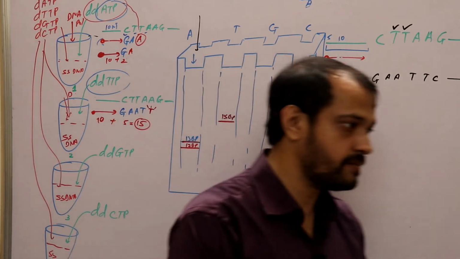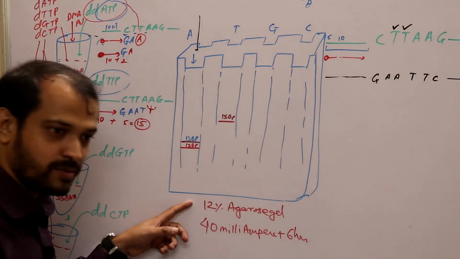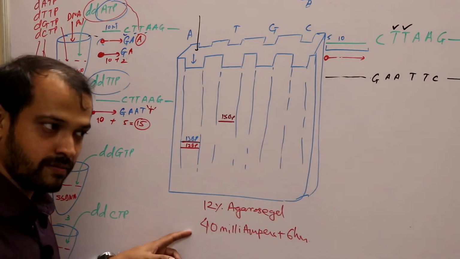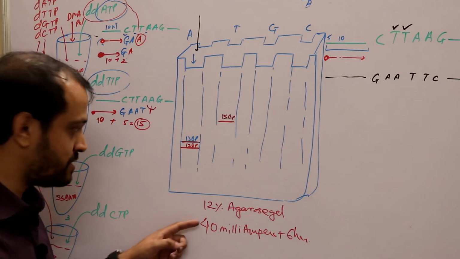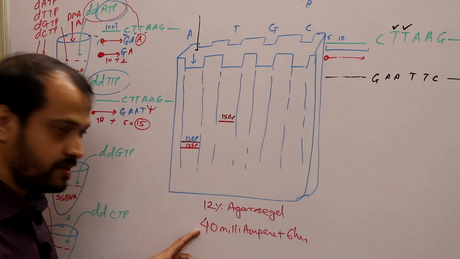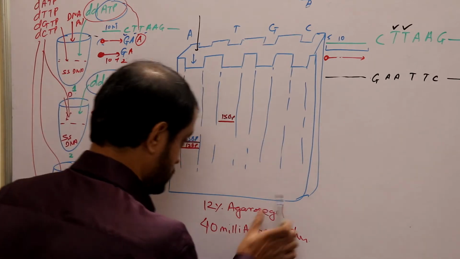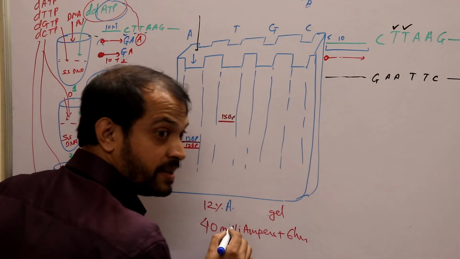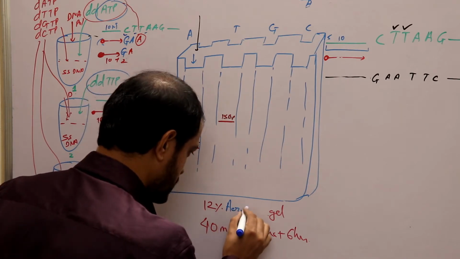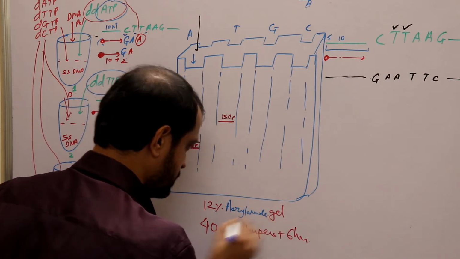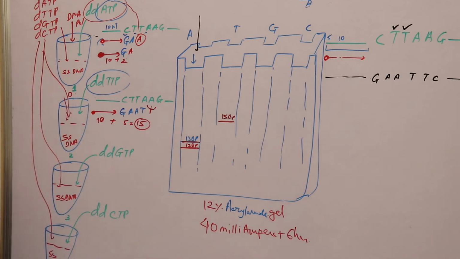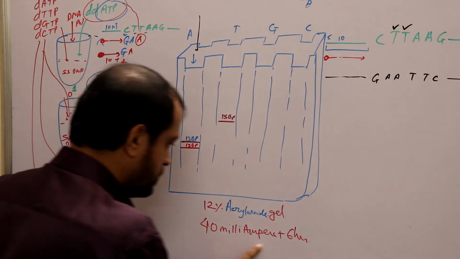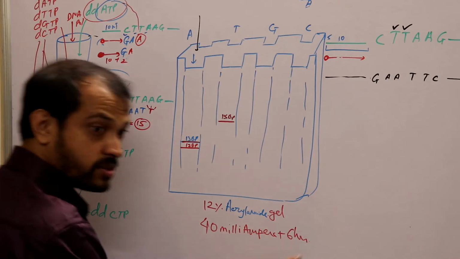This was actually the calculation of Friedrich Sanger. Sorry, not 12% agarose gel, acrylamide gel, polyacrylamide PAGE. Now 40 milliampere of current and for 6 hours.